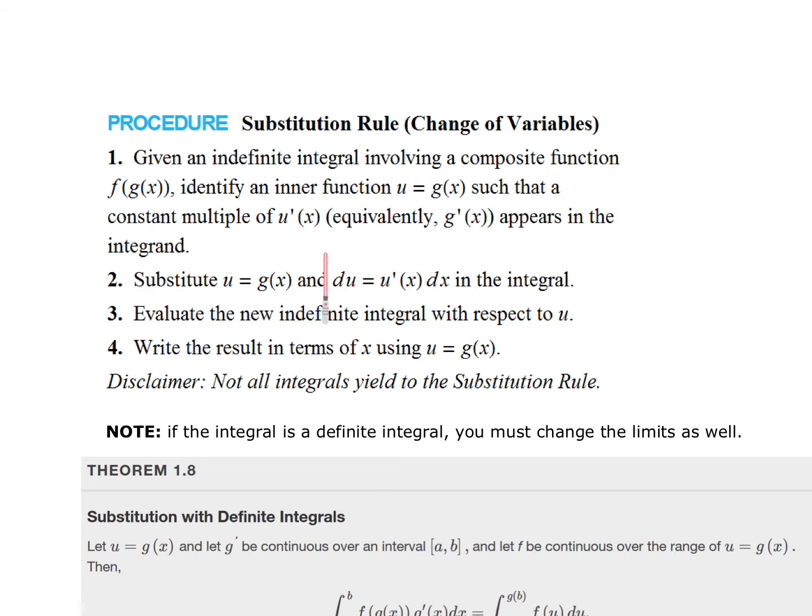So this goes back to deciding what would be the best choice for the inner function and what would be the best choice for the outer function. Back in precalculus, when we learned composition of functions, we also learned how to decompose them. That's what this is all about: choosing the best decomposition of the functions, and also the best choice given what du would be.